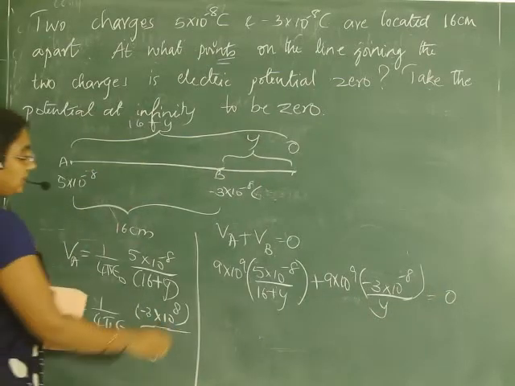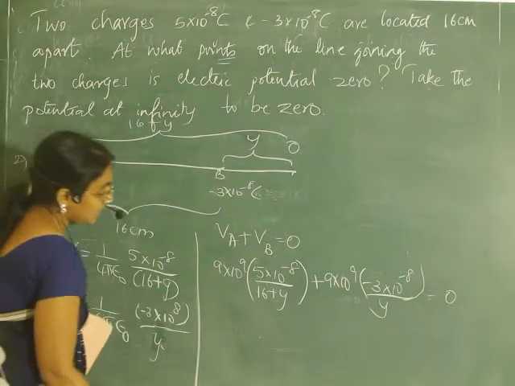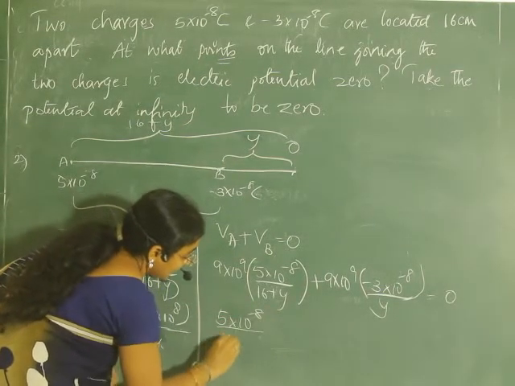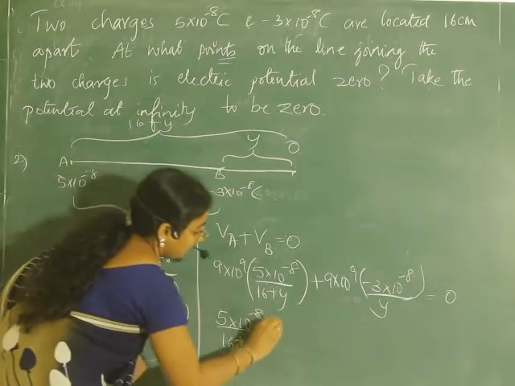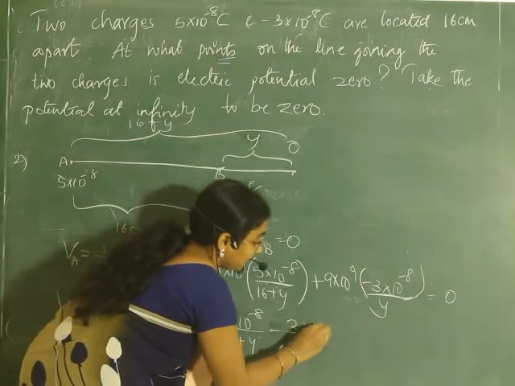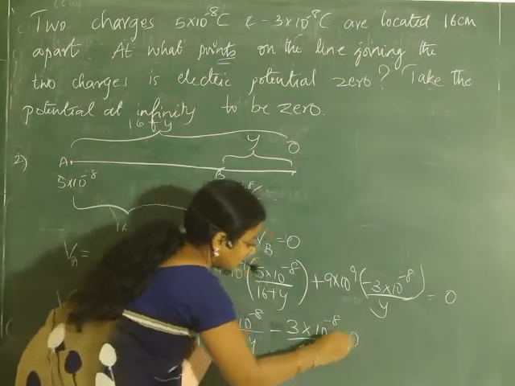Like the previous one, these are common, take it to the other side. So the remaining is 5 into 10 to the power minus 8 by 16 plus y plus minus 3 into 10 to the power minus 8 divided by y is equal to 0.